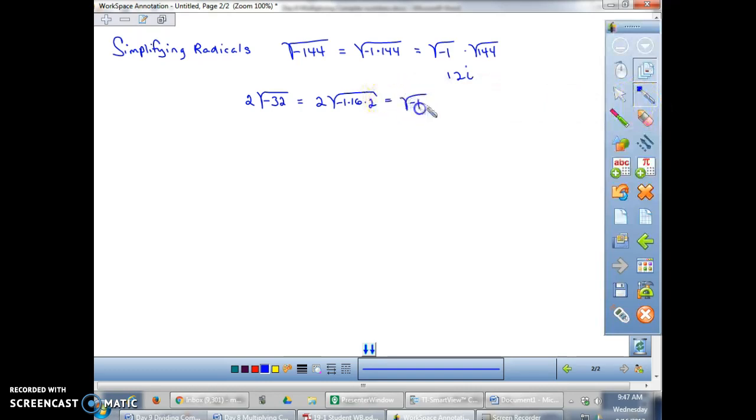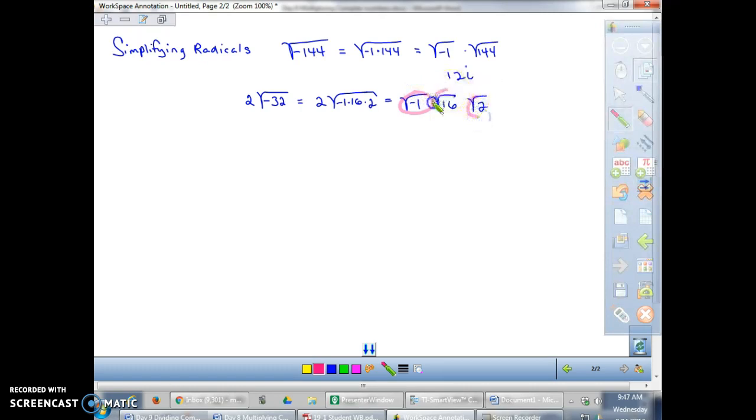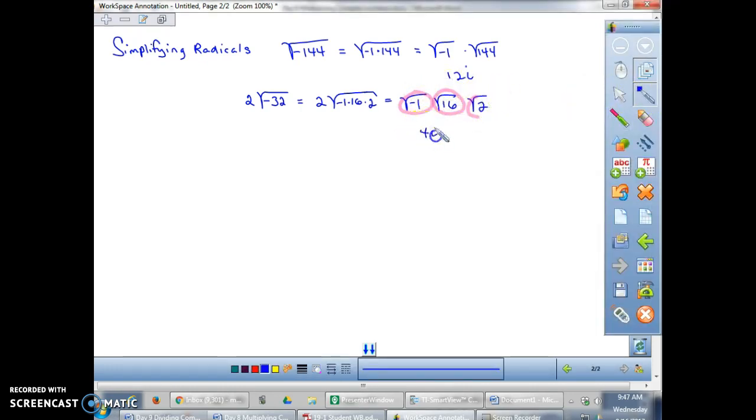Then I have the square root of negative 1 times the square root of 16 times the square root of 2. And then this, of course, will be your i, and the square root of 16 is 4. So I'm going to get 4i square roots of 2, but then don't forget the 2 that was out front. I know some of you had questions about this. So the 2 times the 4 would be 8i square roots of 2, and that would be the answer there.